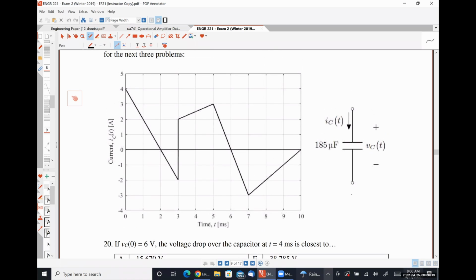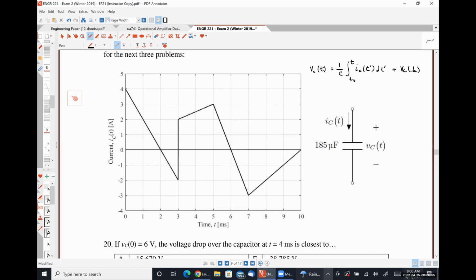So that relationship is V of C is equal to 1 over C times the integral from T naught, some point at which the capacitor voltage is known, to some later point in time T of IC prime T prime plus VC at T naught.